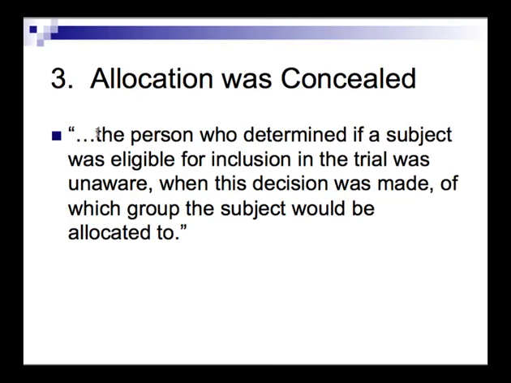Essentially, it's when the person who determined if a subject was eligible for inclusion in the trial was unaware, when this decision was made, of which group the subject would be allocated to. The person who determined if a subject was eligible is the person that's applying the inclusion exclusion criteria. So essentially it's the person who's saying, okay, you're in the study. That person can't know which group they're going to be assigned to, and then the group assignment has to be done free of their choice.